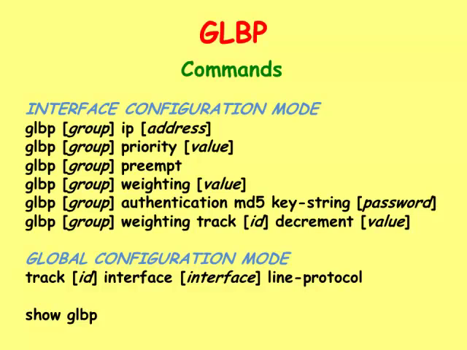The GLBP weighting track command allows the weight value to be decremented if an interface goes down. The track interface command monitors an interface to see if it goes down. The show GLBP command shows the configured values of the GLBP attributes.